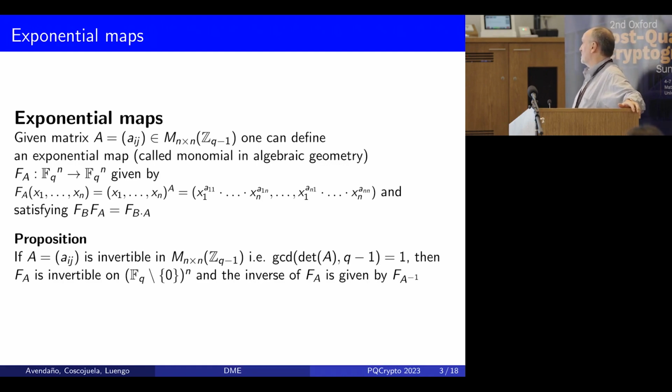If the matrix is invertible, which means that the GCD of the determinant and q minus 1 is 1, then the application is invertible outside of the axis, and the inverse is given by the same formula. So these are the mathematics that we use for this.